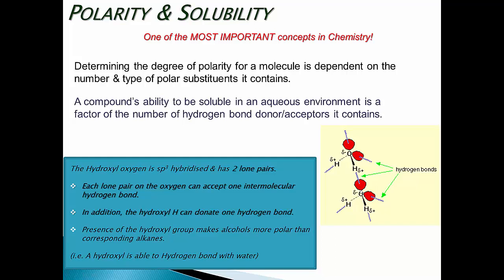Remember, hydrogen bonds are weaker than covalent bonds, but their interactions are quite strong. The presence of a hydroxyl group makes alcohols more polar than the corresponding alkanes because of this polarity, this delta negative characteristics, the dipole. So the thing that makes alcohols polar is their ability to hydrogen bond with water.